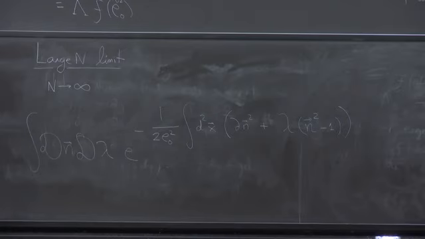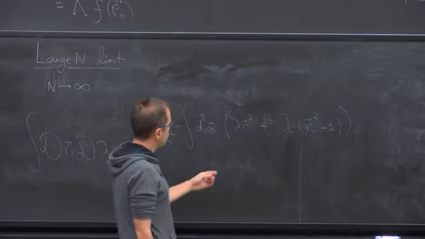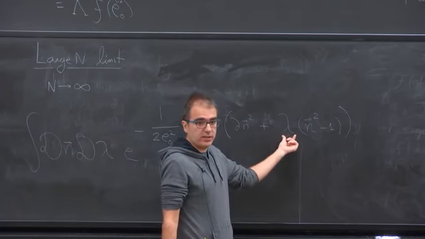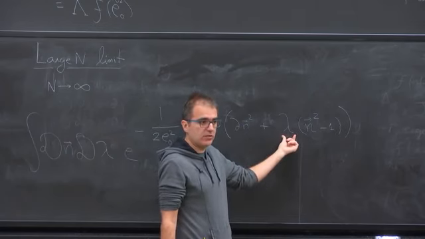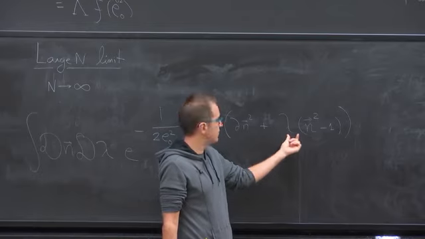This will be, say, our partition function. Notice that, again, this lambda is a field. It's not a number, it's a field. For each value x1, x2, there is a lambda.